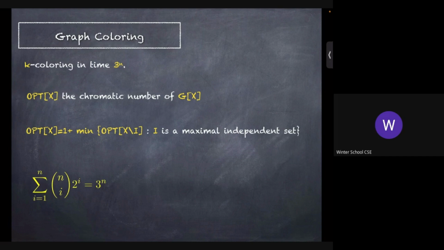So I go twice through the subsets. So it's n choose i times 2 to the i. And this is again, a binomial coefficient sum, it's 3 to the n.